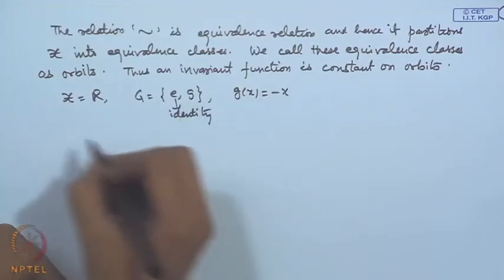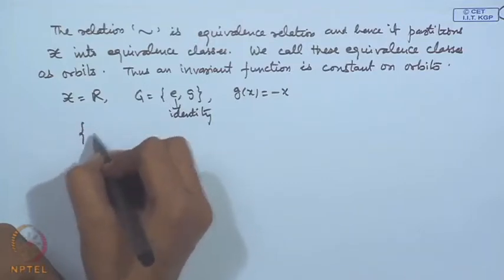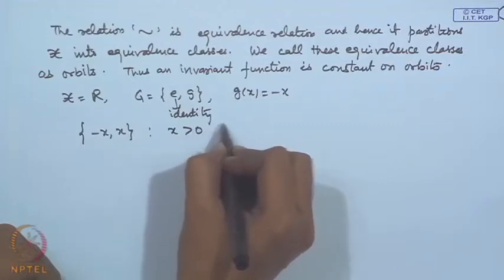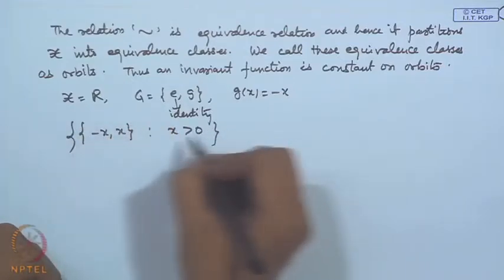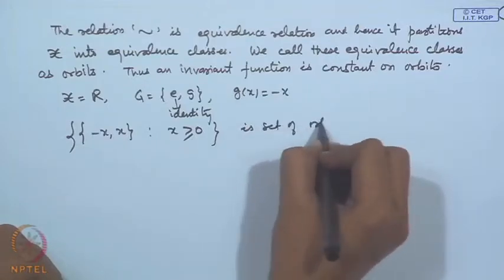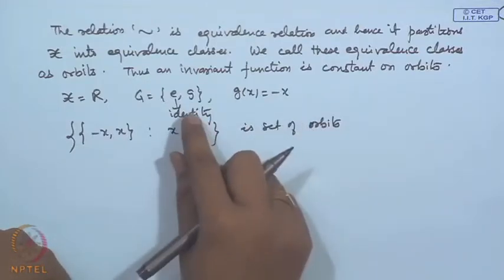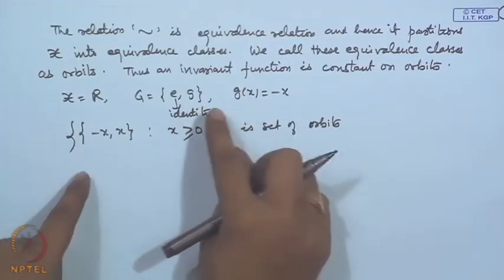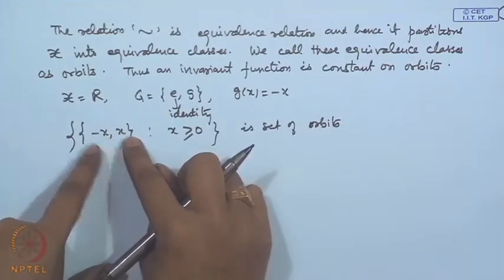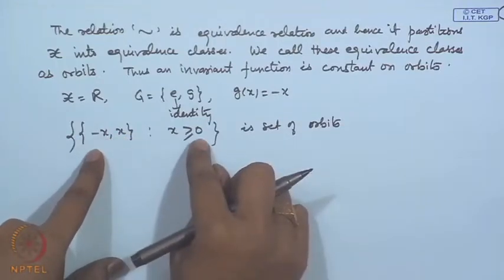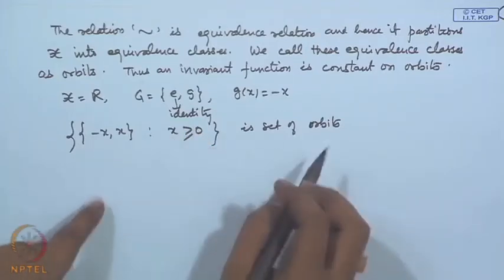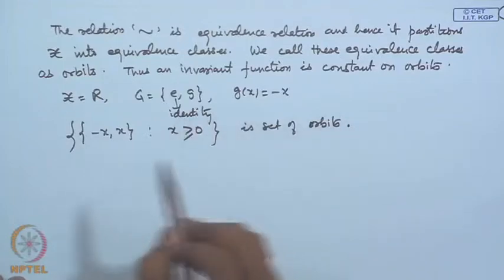So the set of pairs minus x, x for x greater than 0, together with 0, is the set of orbits, because with respect to this transformation, x, g of x becomes minus x, and g of minus x will become x. So these two elements will be related, and of course 0 maps to 0, so that is a singleton set. So this is the collection of orbits for this problem.